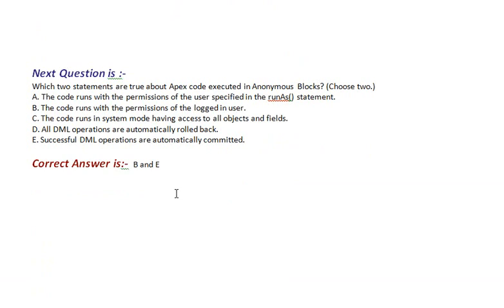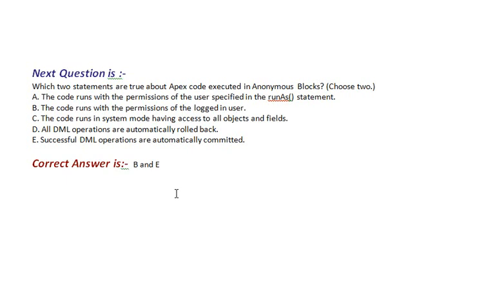Moving on to the next question. Which two statements are true about Apex code executed in anonymous blocks? Choose two. Option A, the code runs with the permissions of the user specified in the run as statement. Option B, the code runs with the permissions of the logged in user.